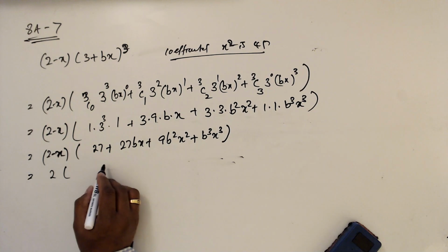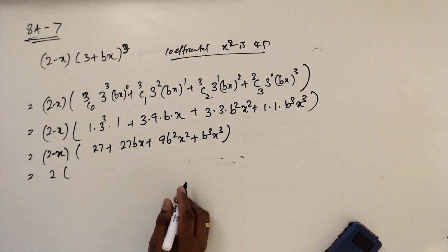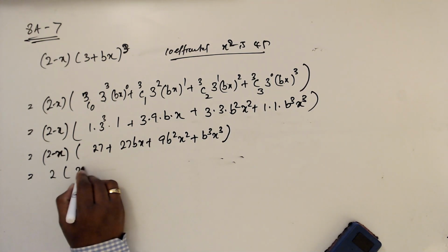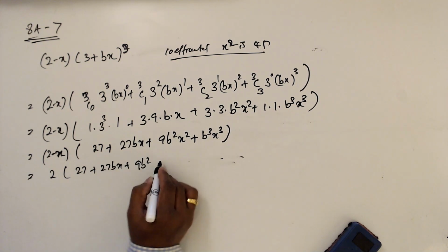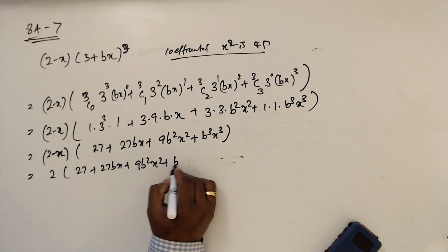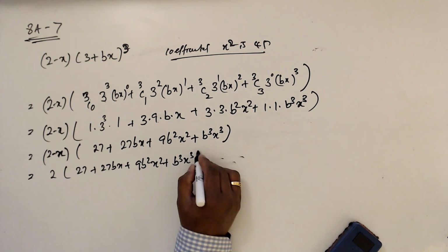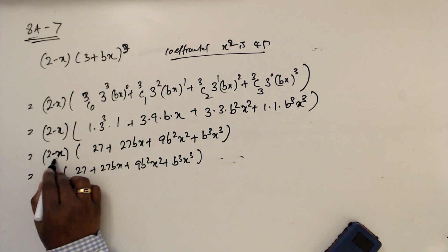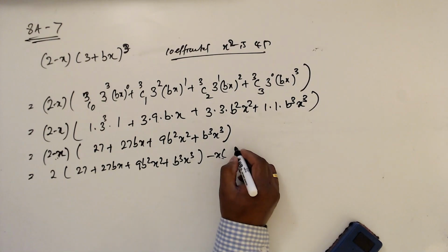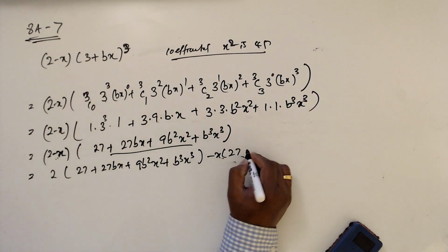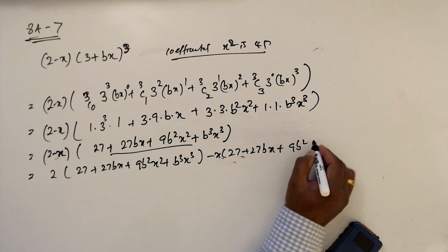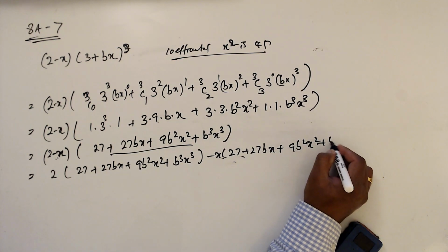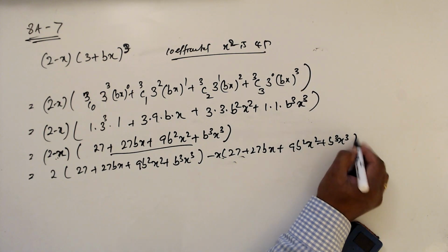2 times (27 plus 27bx plus 9b square x square plus b cube x cube), and then what is the other term? Minus x times again this one, 27 plus 27bx plus 9b square x square plus b cube x cube.